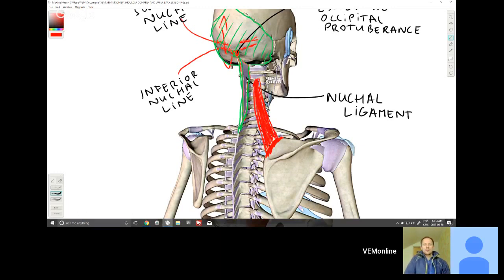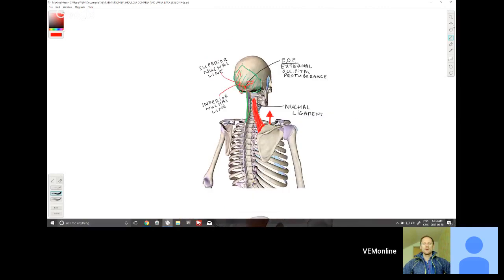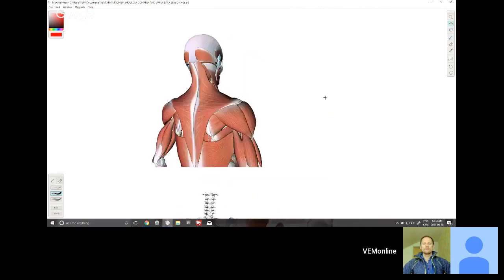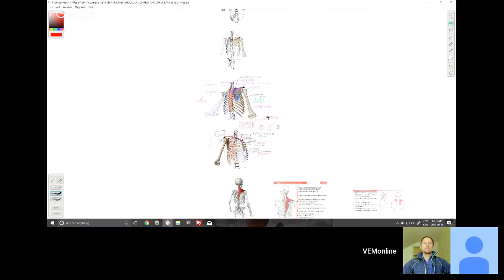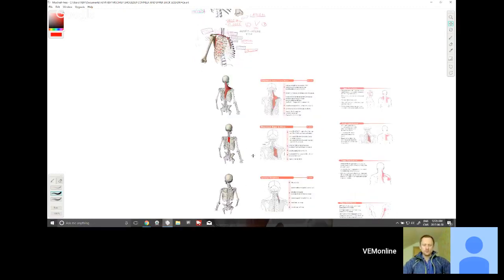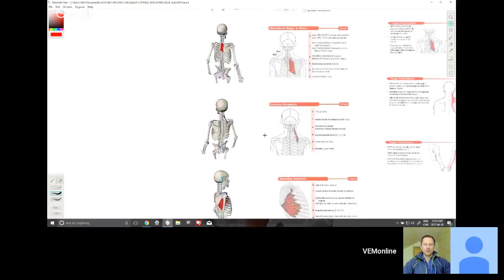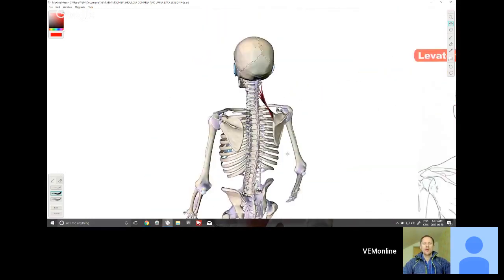When these muscle fibers shorten, it pulls on the scapula, and the scapula goes up, closer towards the ceiling. Okay, let's take a look at it. And here we have it, right there.